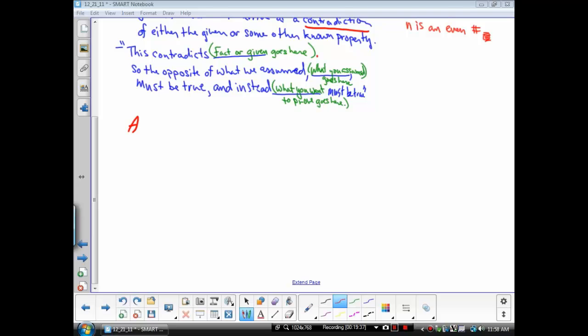So starting number 6 on the assignment on page 216, we're going to assume temporarily the opposite of what we want to prove. We're going to assume temporarily that it is warm outside, which we decided was the opposite of it is cold.